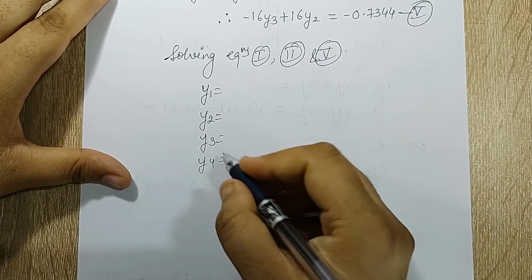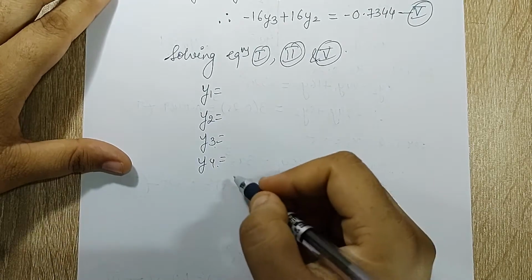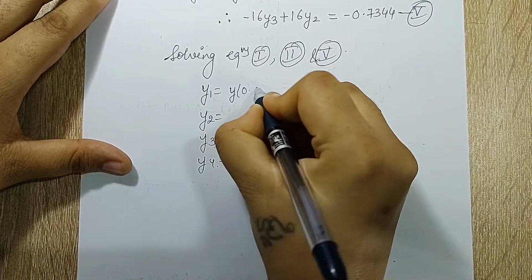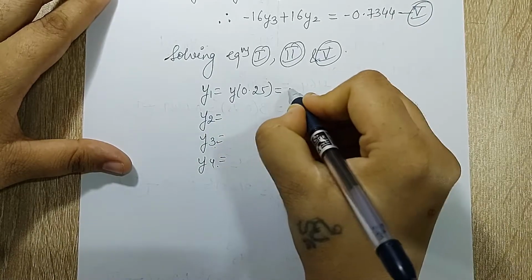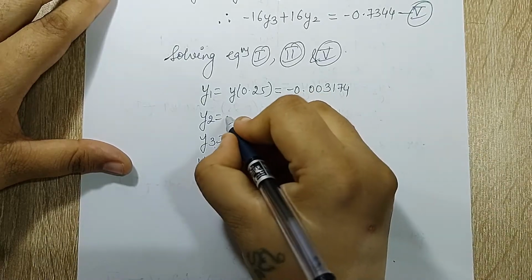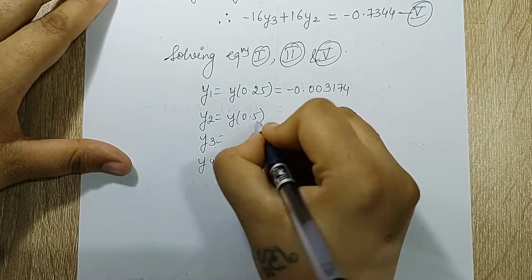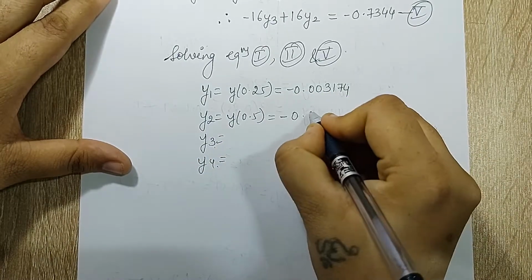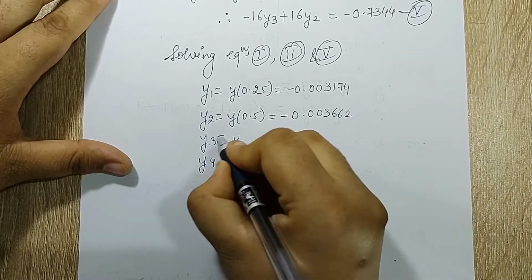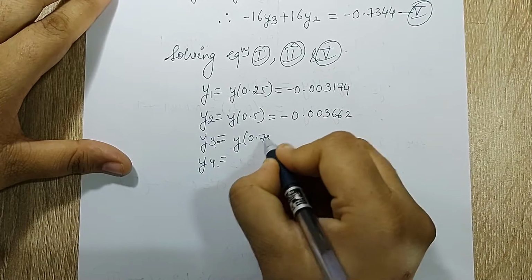Now y4 obviously I'll get by substituting y3 in equation 4. So this value is y at 0.25. Answer is minus 0.003174. Next, y at 0.5, I get the value as minus 0.003662. Then I have y at 0.75.